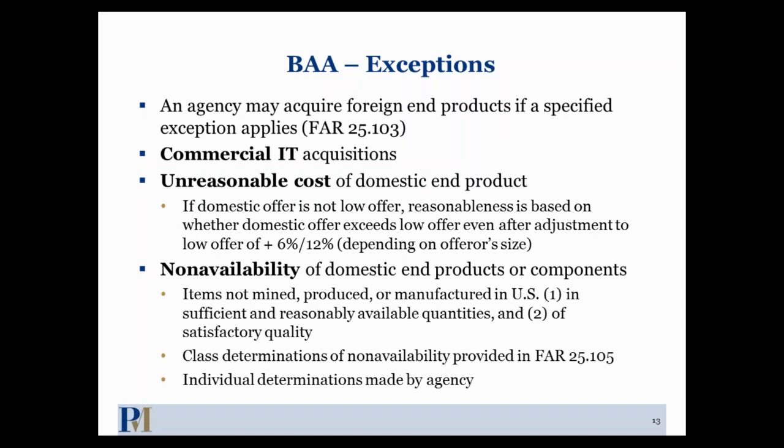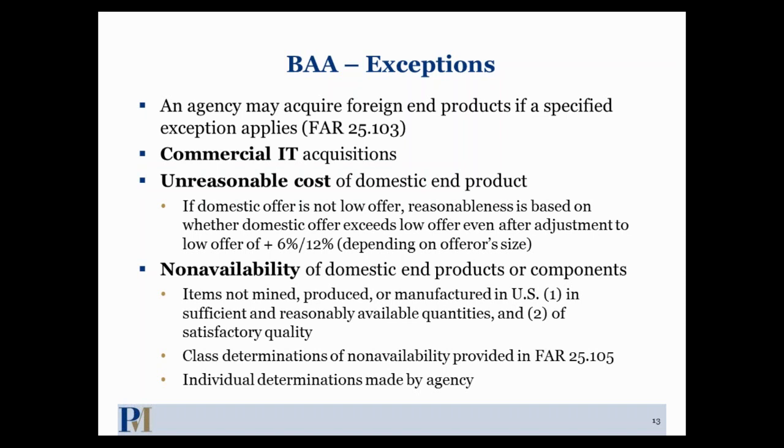There are class determinations of non-availability, so certain supplies have already been determined. Not necessarily that there are no domestic sources, but that based on the available sources, they would not be able to meet most of the government's needs. So there's a determination by class of a supply that they're not available, and therefore the BAA doesn't apply. You can find those in the FAR.